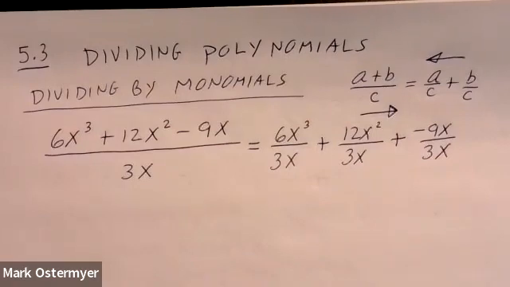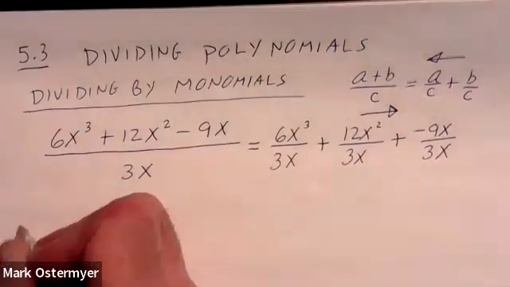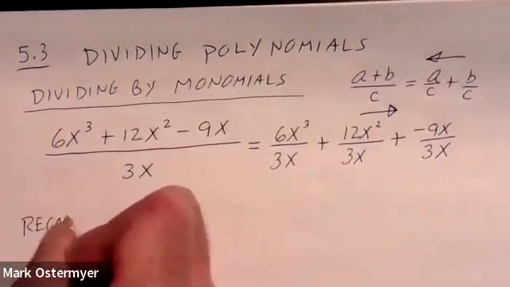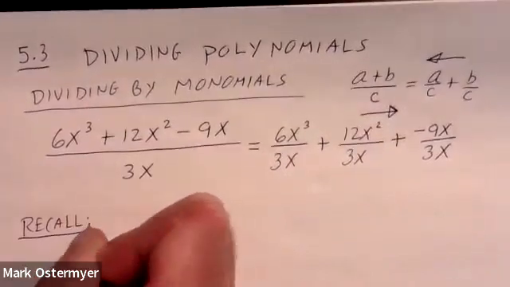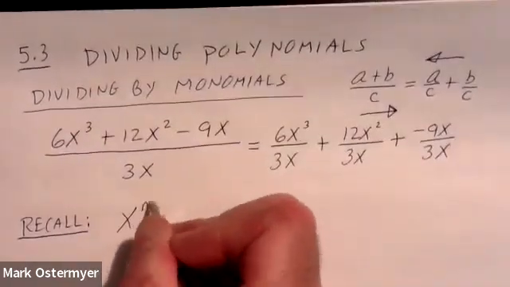Now to the party, we have to bring another property of exponents if we are to be successful in dividing polynomials. And that extra property that we must bring into play here is this property here. Notice in the last section, we had to entertain the property where we multiply 2 like bases, we add the exponents. What happens when we divide like bases? What do we do with the exponents?